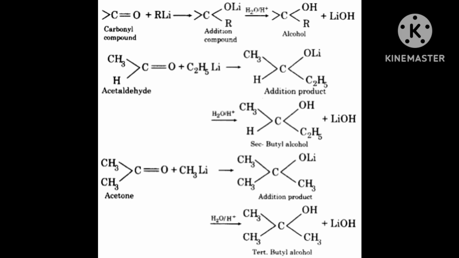Now from the ester you can make the alcohol. How? I have already discussed that hydrogen will be there. This RCOOR ester: R, C double bond O. Two oxygens are there. One oxygen has a double bond with carbon, and the other oxygen is joined by a single bond, OR.